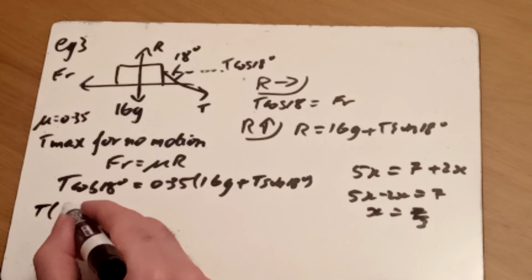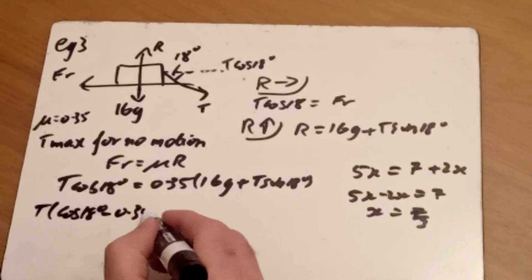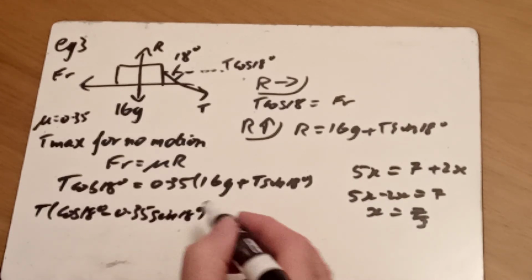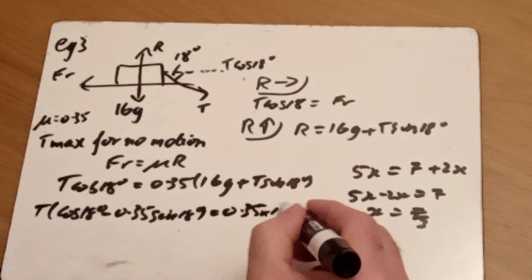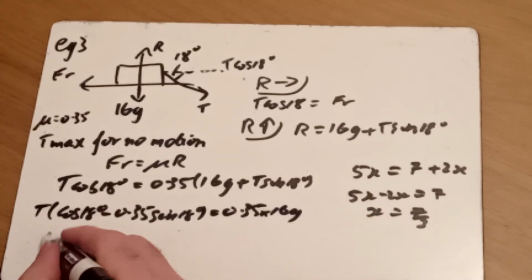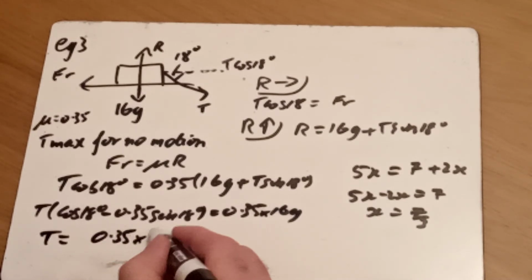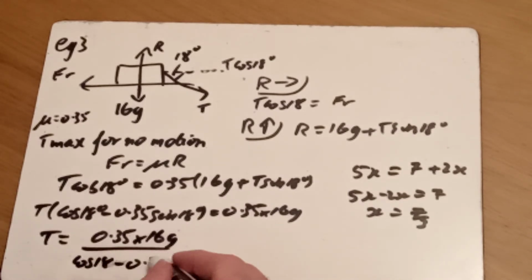Take T out as a common factor. Cos 18 minus 0.35 times sine 18 equals whatever 0.35 times 16g is. And T is 0.35 times 16g over whatever cos 18 minus 0.35 sine 18 is.